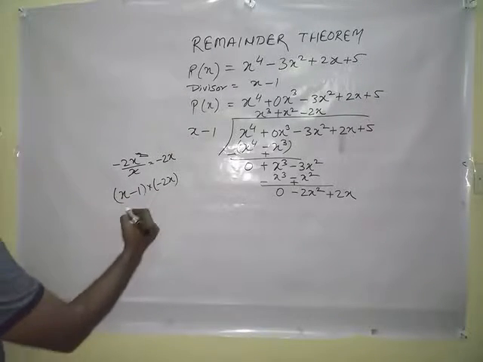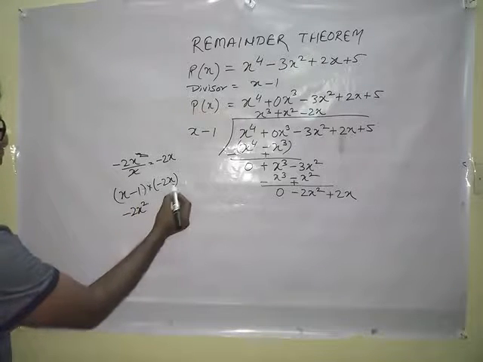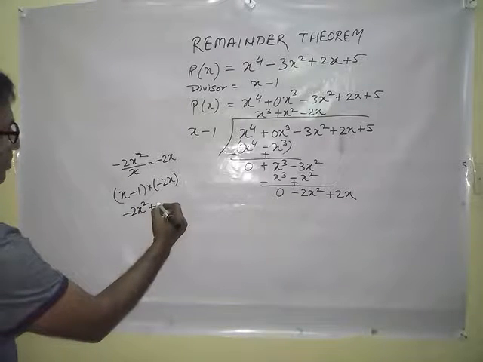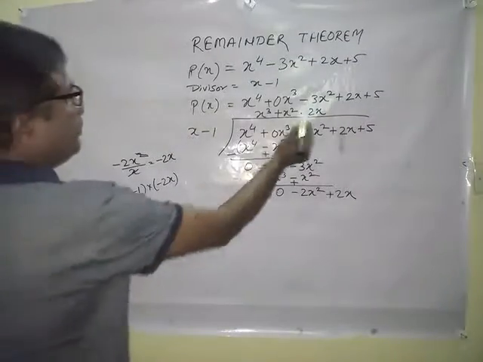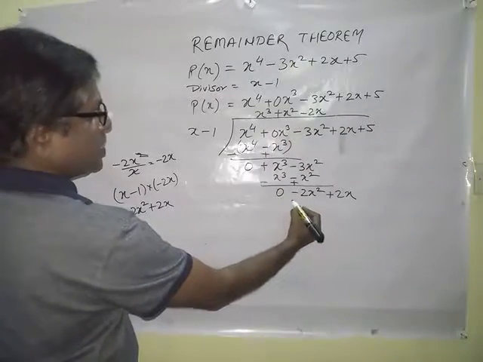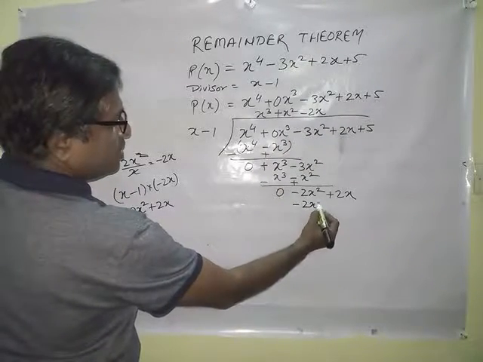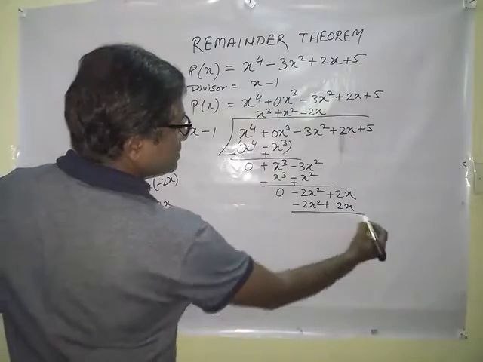So this is minus 2x into x, minus 2x square, and minus 1 into minus 2x, plus 2x. So if you are dividing it by minus 2x times, then it will become minus 2x square plus 2x.